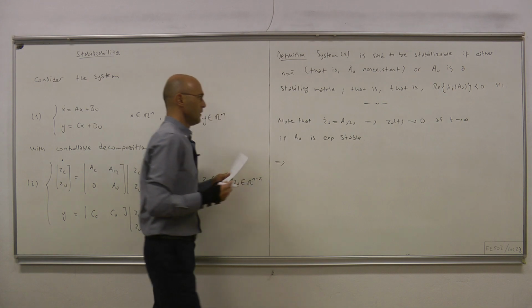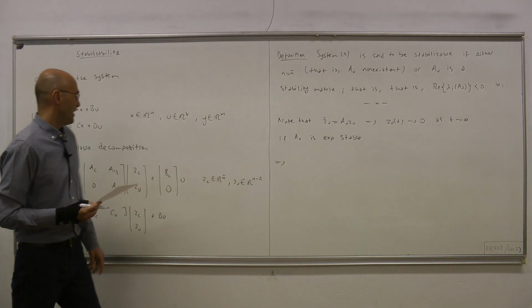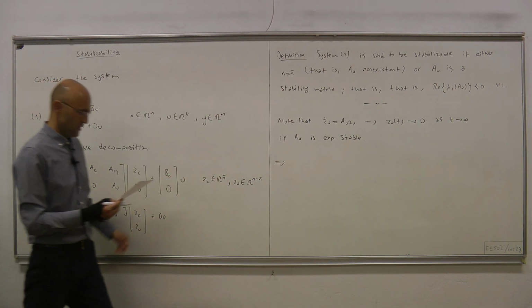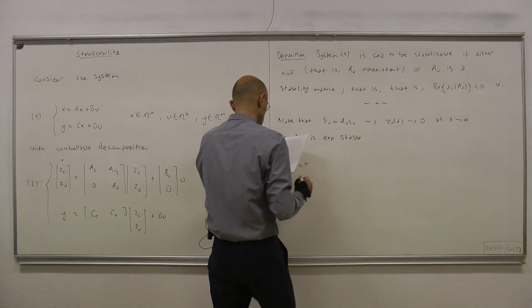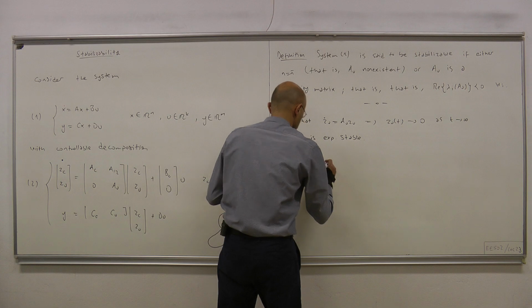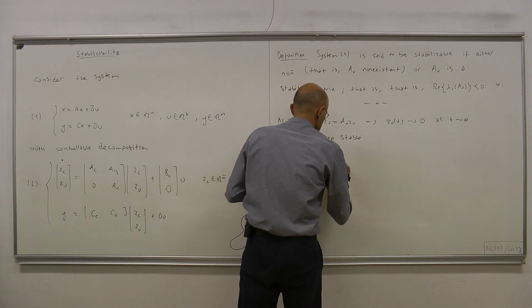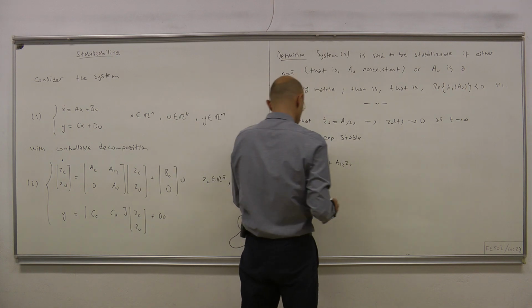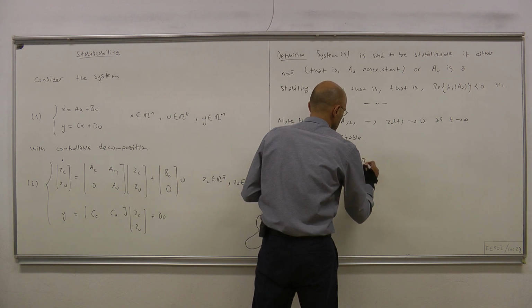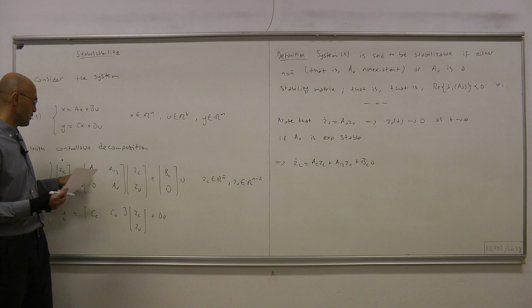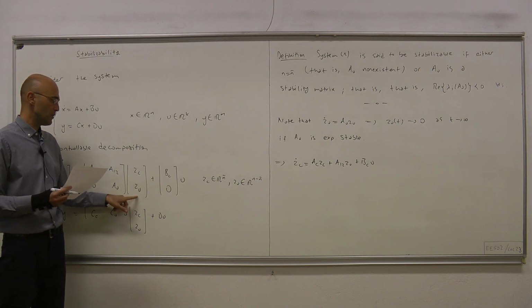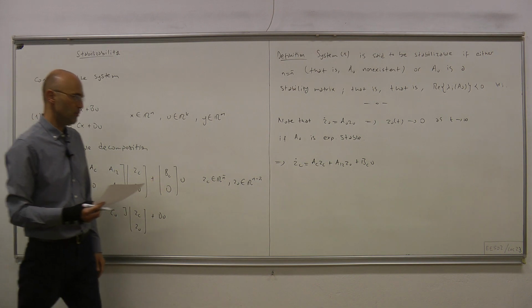Then let's look at the Z_C dynamics. Z_C dot equals A_C Z_C plus A_12 Z_U plus B_C u.